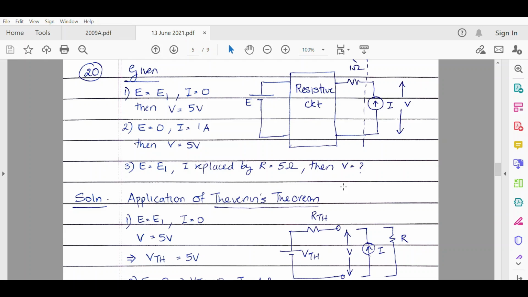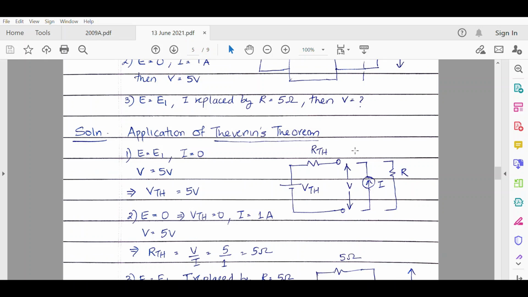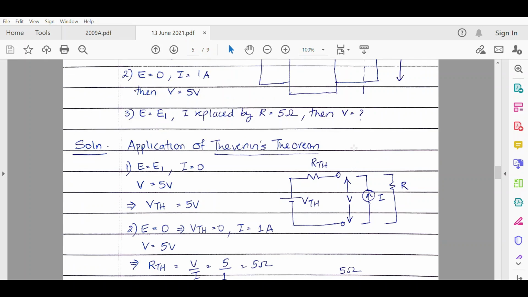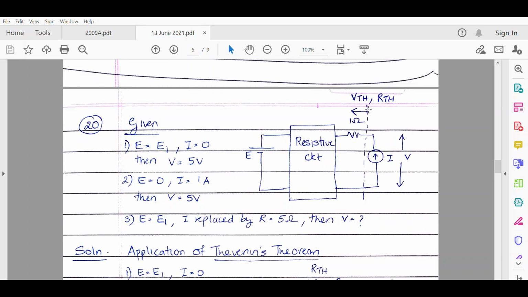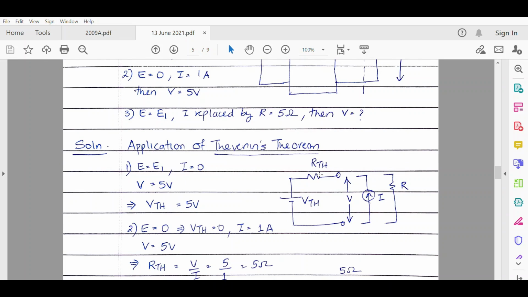Now if we were to consider Thevenin's theorem as applied to this circuit, and if we were to see the point from here to the left hand side of this current source and replace it with the Thevenin voltage source and Thevenin resistance, and now analyze it considering the two cases that have been given.